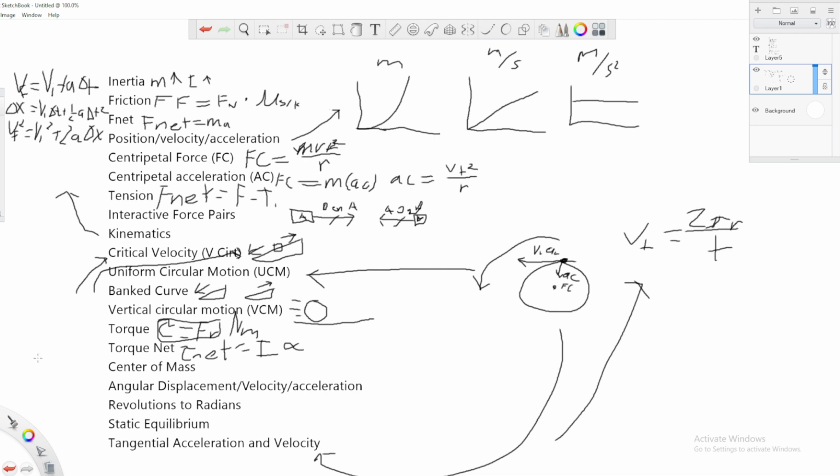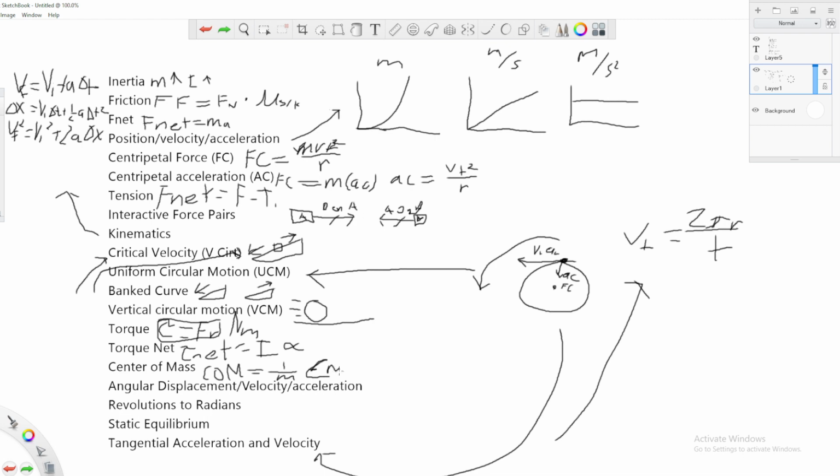For this one, I like to draw the example. Let's do center of mass first. Center of mass is going to be equal to all your masses and distances over all your masses added up together.